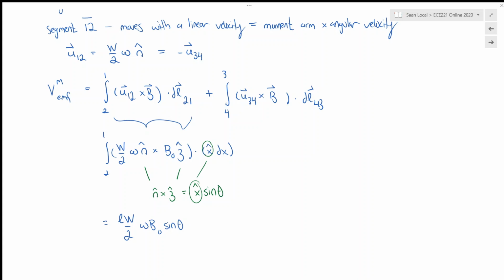And actually, the segment from 4, 3 or 3, 4 is actually going to be the exact same value because the velocity is in the opposite direction. So u34 is opposite to u12. So this guy is inverted relative to u12, but the direction of integration is also the other direction.